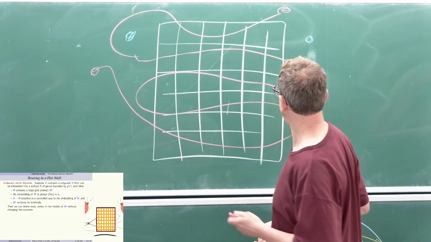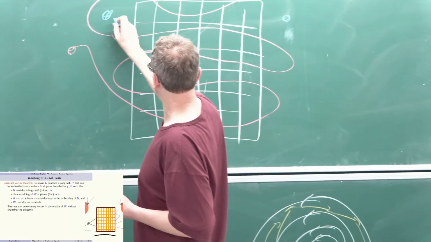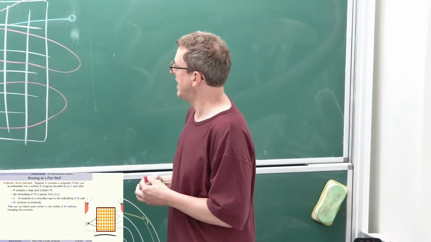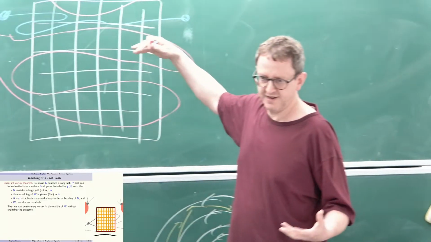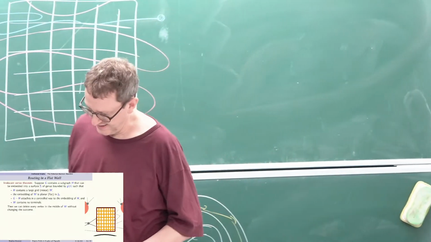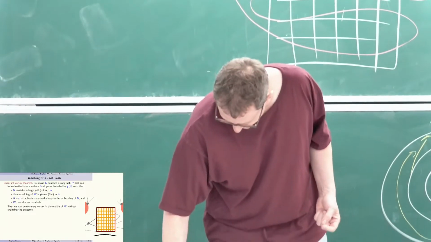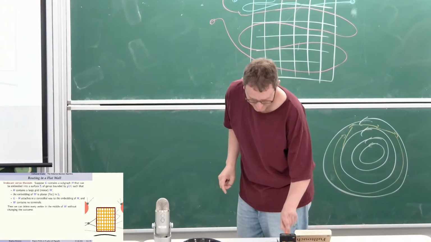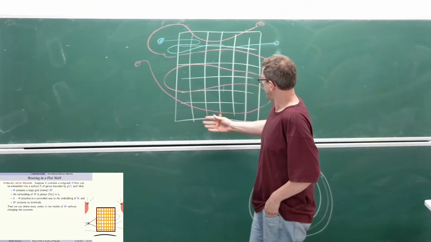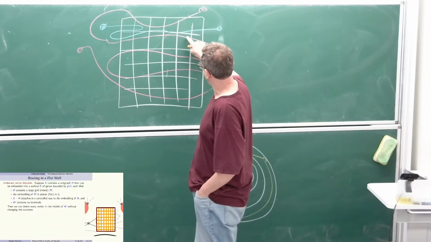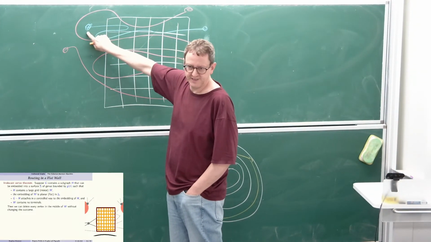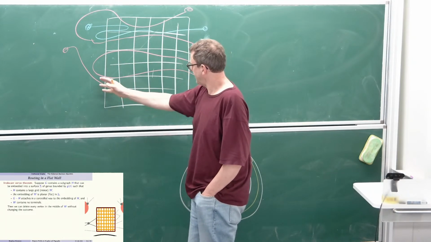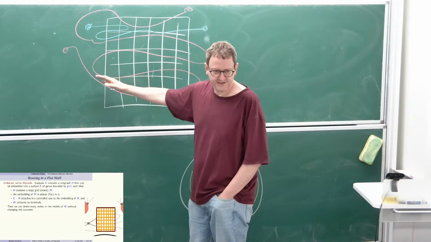Maybe the solution uses the entire grid. But if you think about it a little bit, why would it be like this? I mean, okay, this red path has to make a detour to go around the blue terminal here. But why would we be doing such things?